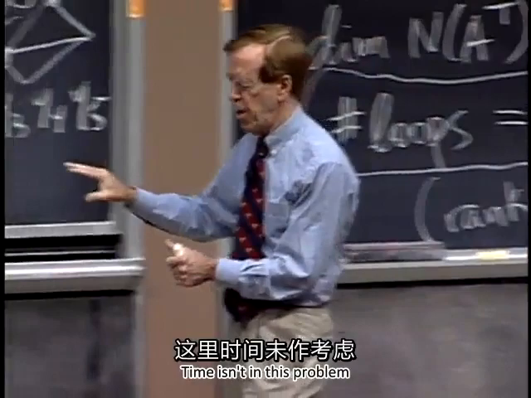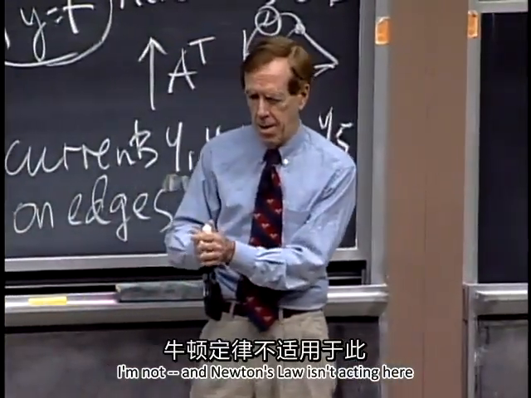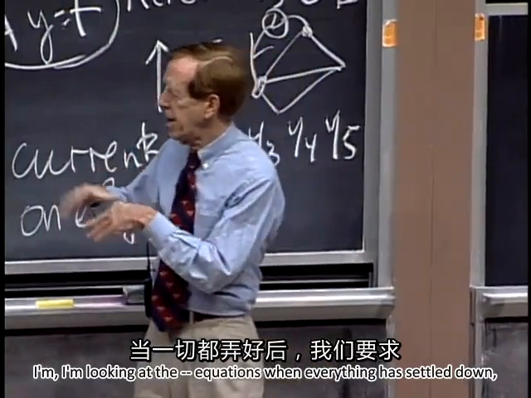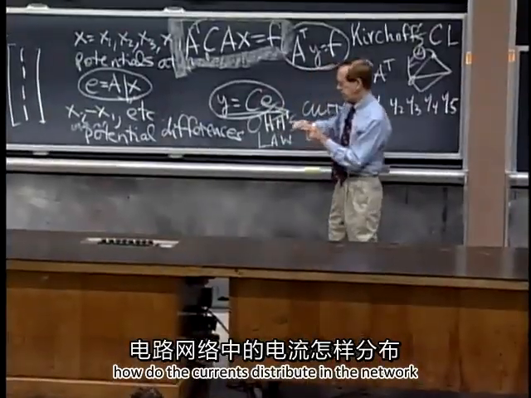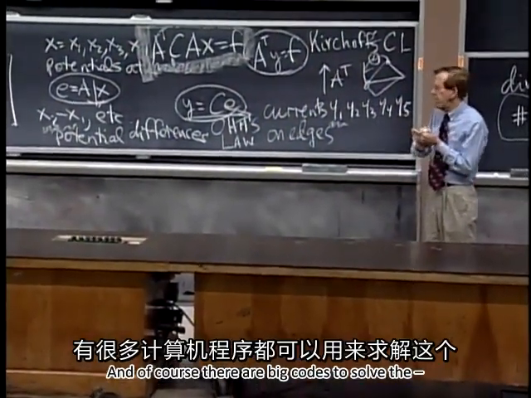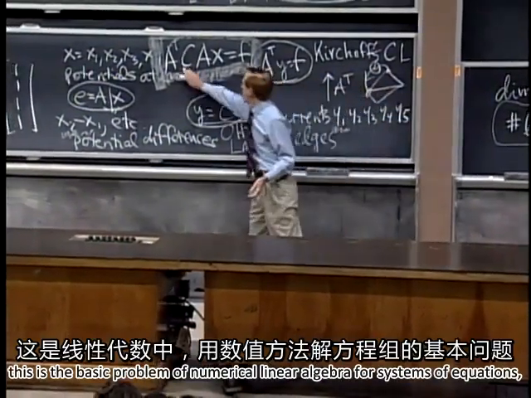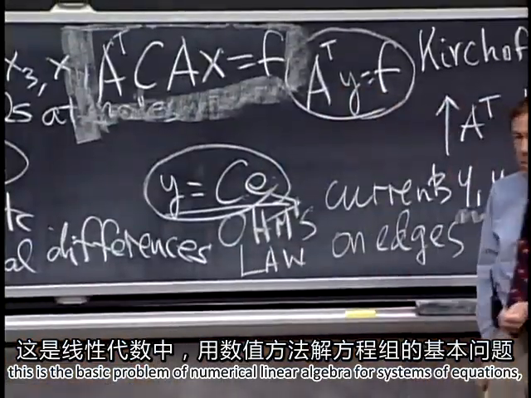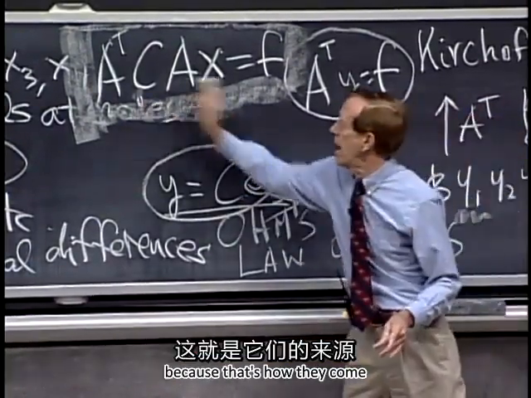Time isn't in this problem. Newton's law isn't acting here. I'm looking at the equations when everything is settled down. How do the currents distribute in the network? And of course, there are big codes to solve this, the basic problem of numerical linear algebra for systems of equations, because that's how they come.